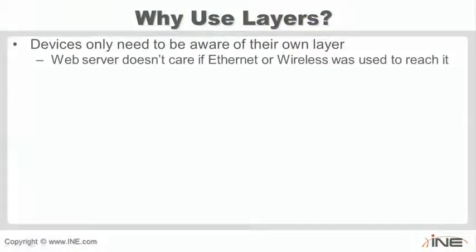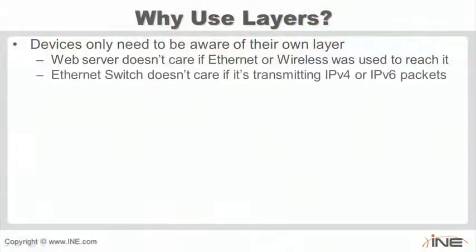So a web server, likewise, doesn't care if I reached it using an Ethernet link or a wireless link, because the web server is running at layer 7 as part of the application. It doesn't care how I used layer 1 or 2 in order to get there. So likewise, the Ethernet switch doesn't care if it's sending IP version 4 packets or IP version 6 packets, because that's not its job. Its job is at layer 2, not at layer 3, the network layer.